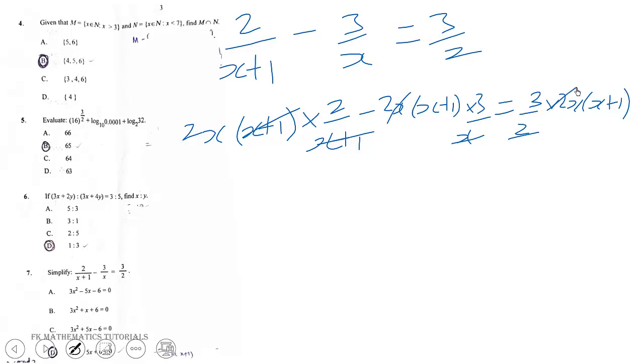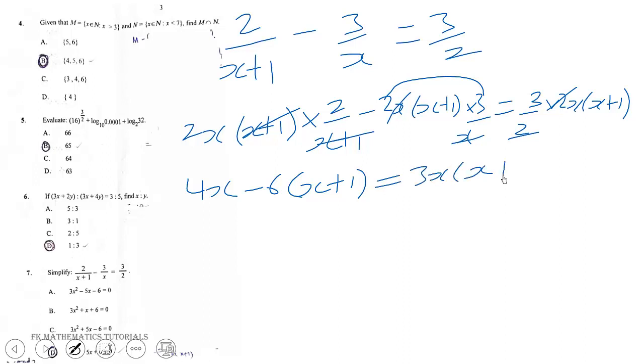So we are left with 2 times 2x, which is 4x. Then we are left with minus 6, because 3 times the 2 giving 6, x plus 1. Then we have 3x into x plus 1.